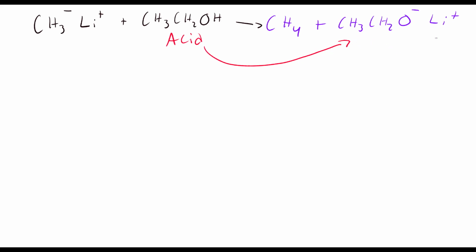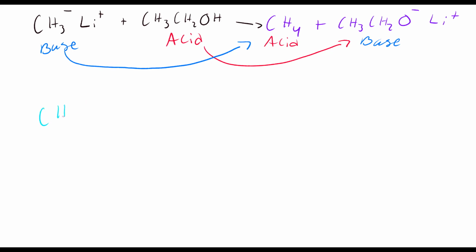And I like my bases to be in blue. So, base. And what about the other one? Well, if this is an acid, then instinctively this one has to be the base, right? And because this was the base, whatever is a base on the other side has to be an acid. So that's an acid.